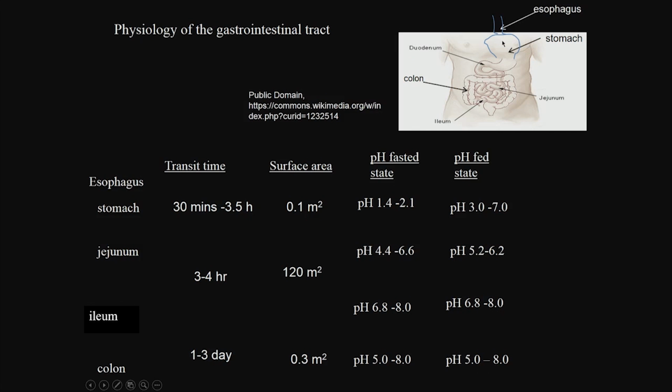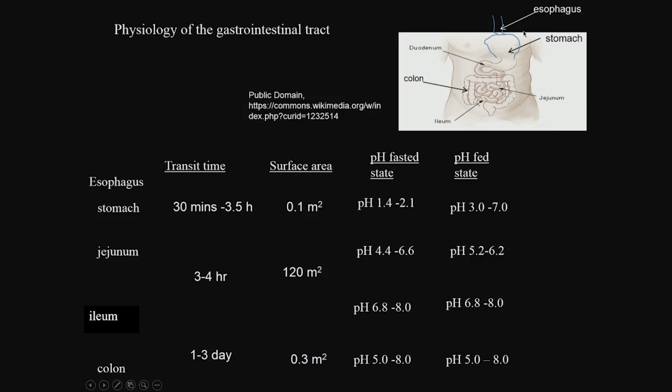So the food goes through the esophagus, then stomach, then duodenum, then it comes to jejunum and then colon, descending colon and so on. Now the surface area of each of these regions is very different, the pH of each of these regions is very different, and the pH changes depending upon whether food is available inside or not.